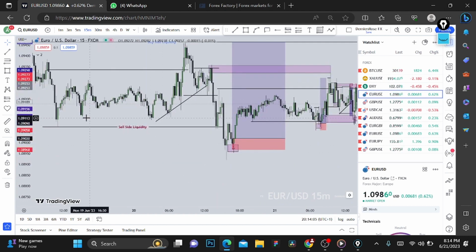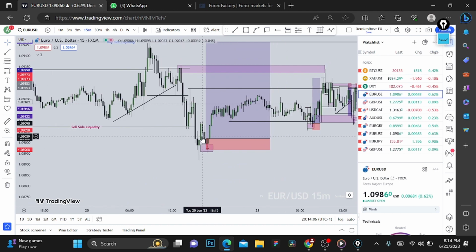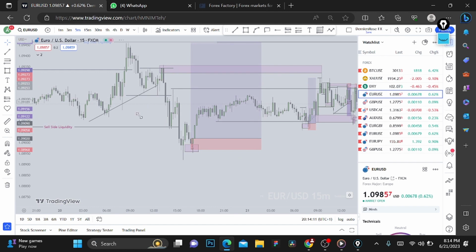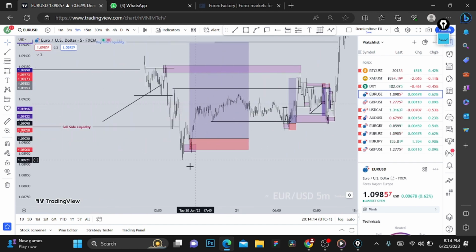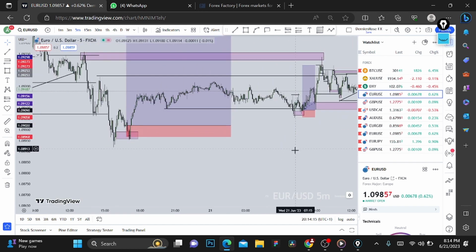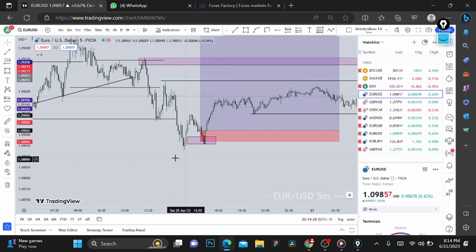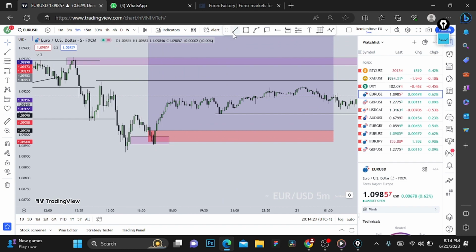Now that the market took out this sell side liquidity, what are you expecting? You expect the market to retrace up, so then you wait for your confirmation. I think Mena explained this in the video that was just dropped, so if you haven't watched that, you should also watch it. You have a break of structure here after the liquidity has been taken out.